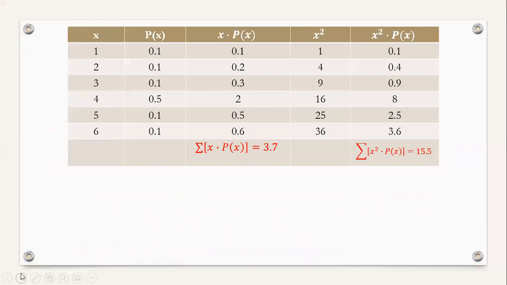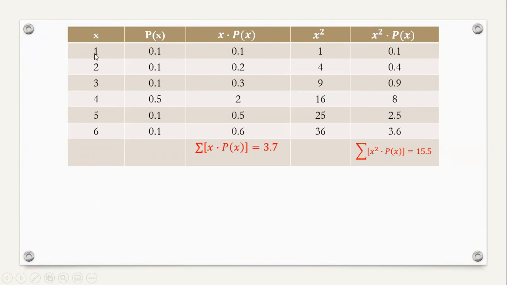I have here the solution for number 1. Looking at the value of your x and the corresponding probability, in order for us to find the expected mean, remember the formula for the expected mean, because we will be using this in finding the variance. So to find the expected value, we need to multiply the x and its corresponding probability and get the summation of that.